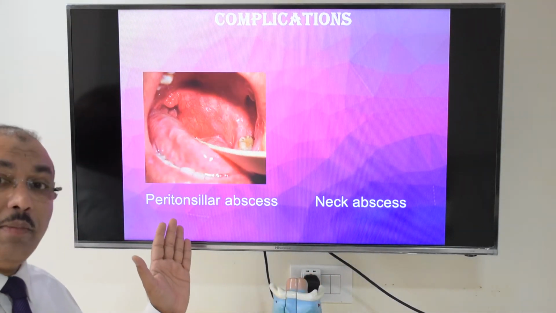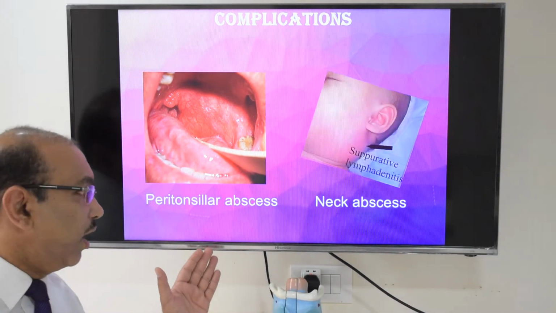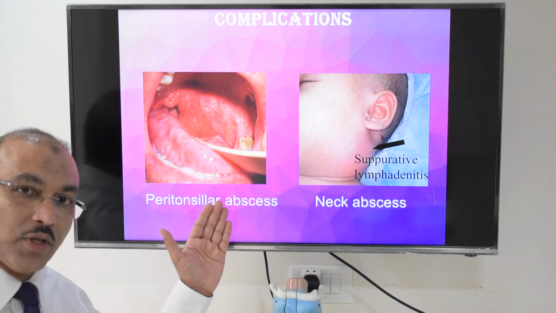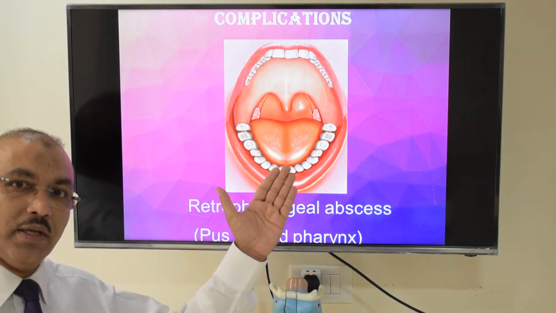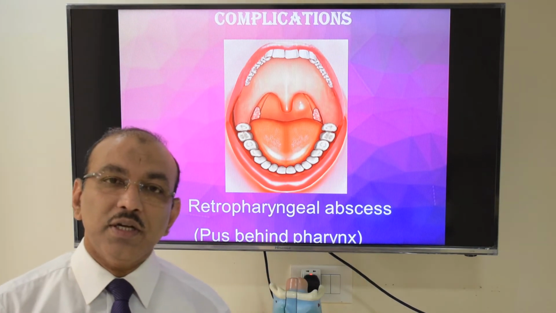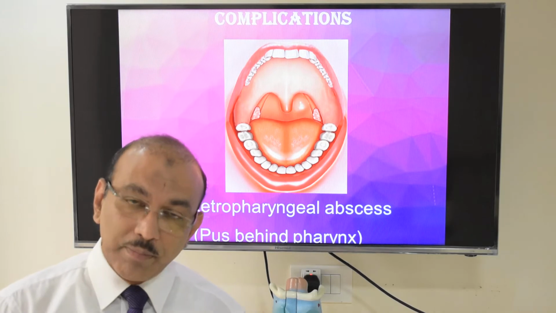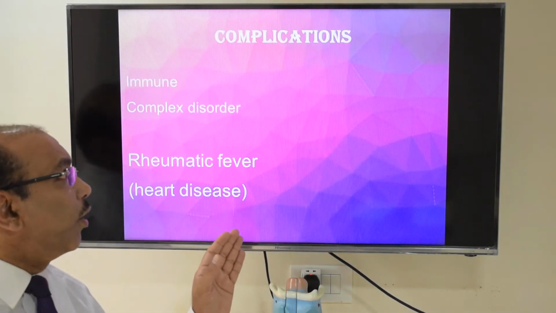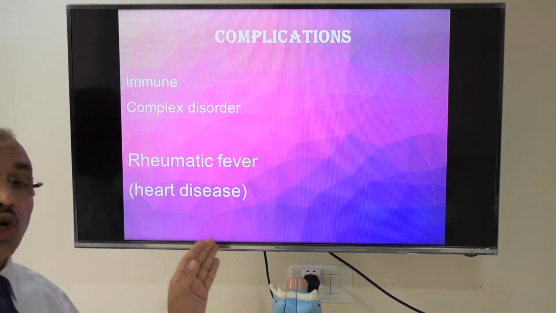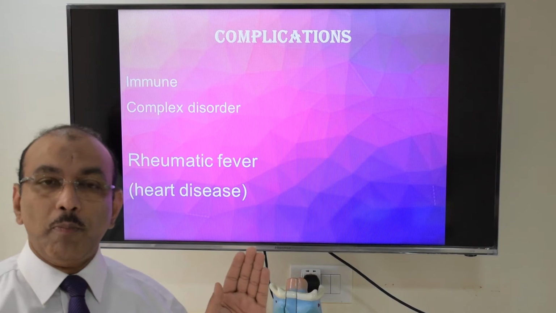Now he may get abscess formation at any of these sites: one just next to the tonsil, or in the neck, or behind the pharynx. For these three conditions, you may need to admit the child, and sometimes even operate on the child. Acute tonsillitis can also lead to immune complex disorder.